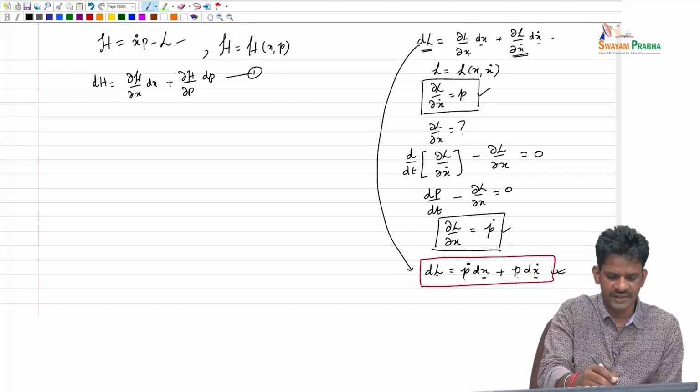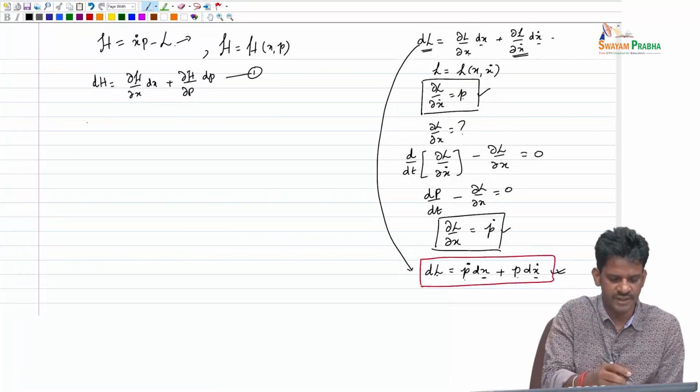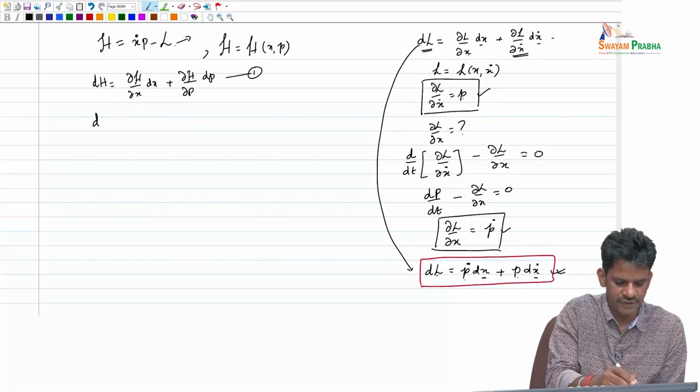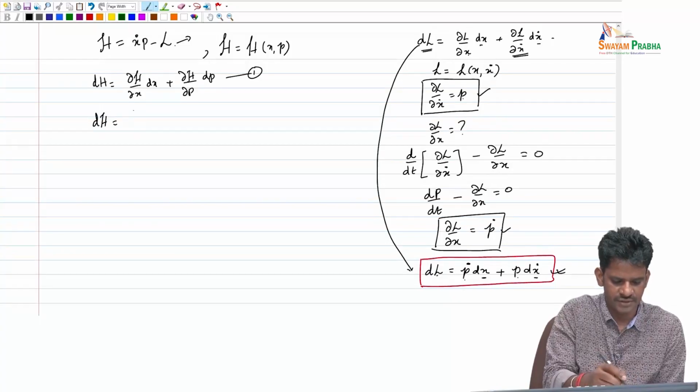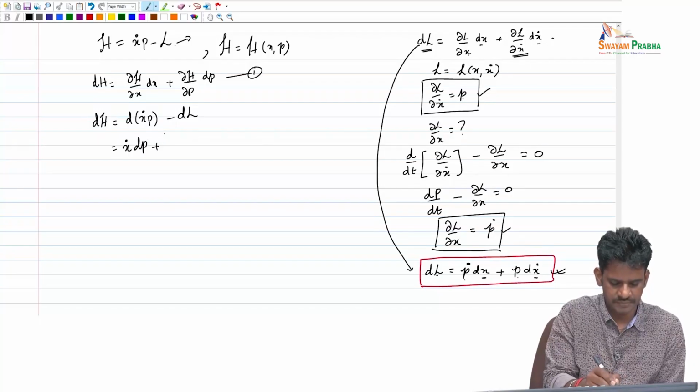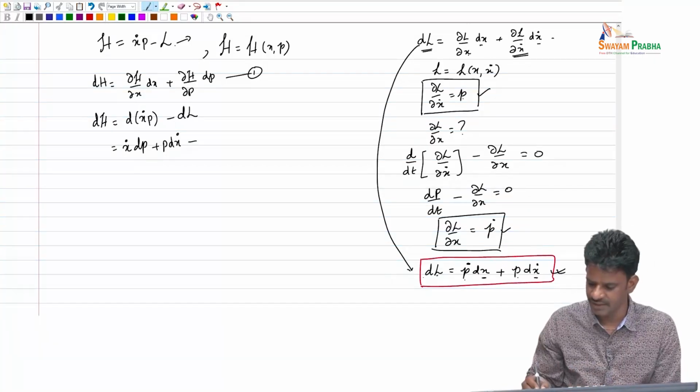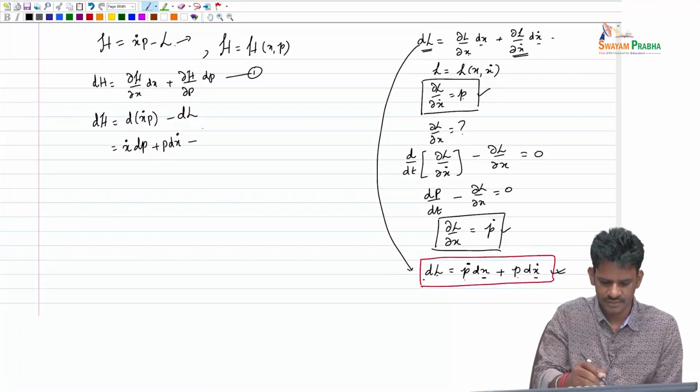Now, we also have another expression for H from here, and let us write the differential of that. So, this is going to give you d of ẋp minus dL. So, we will use the chain rule here. We write ẋ times dp plus p times dẋ minus dL, and for dL we will use this equation.